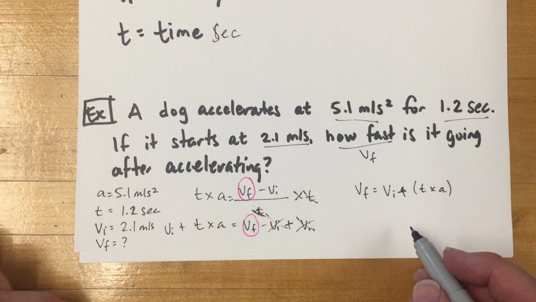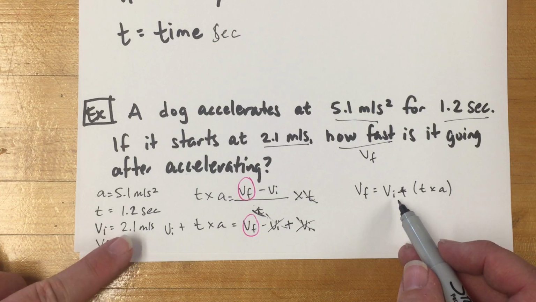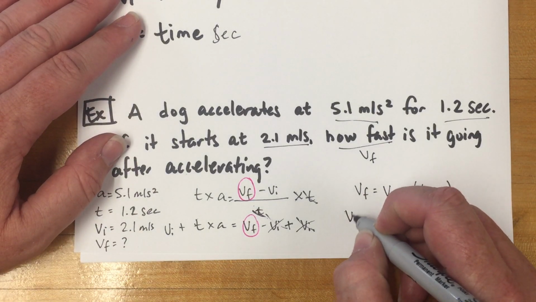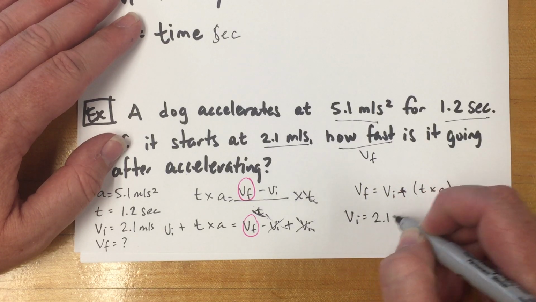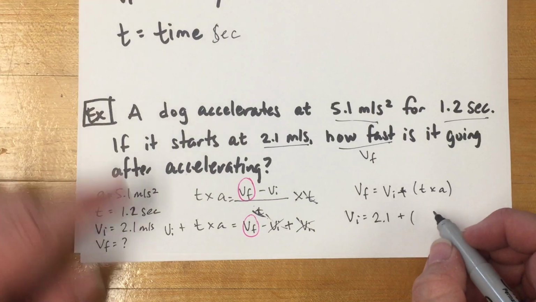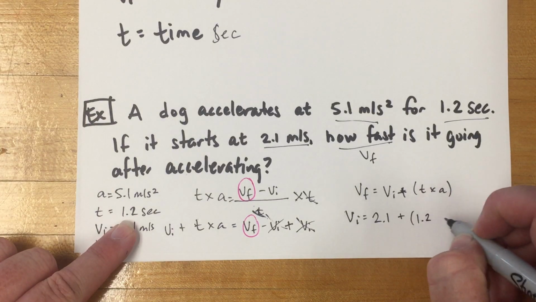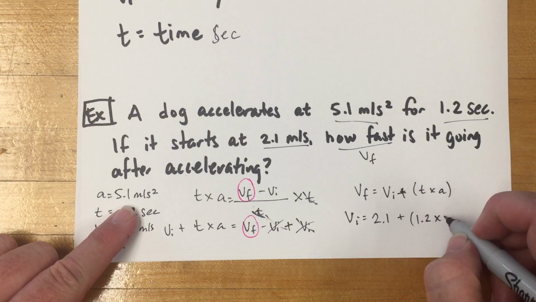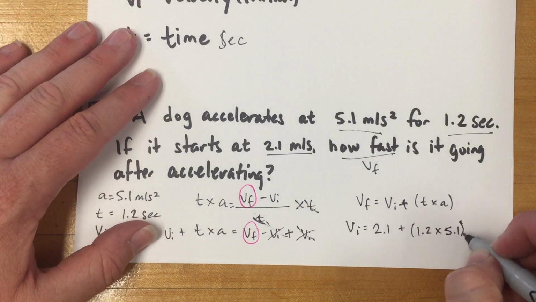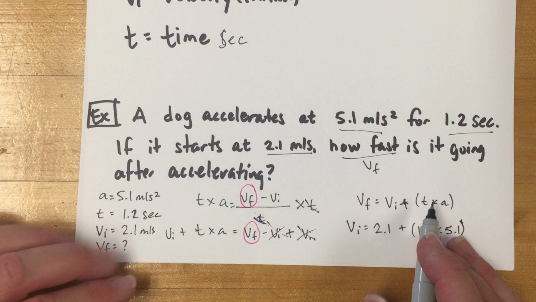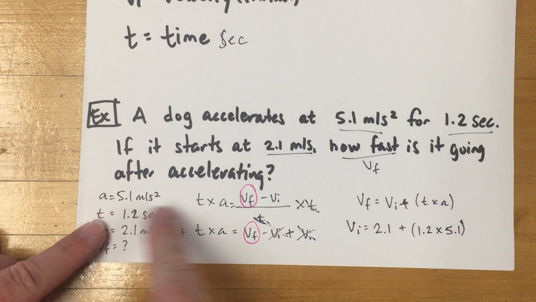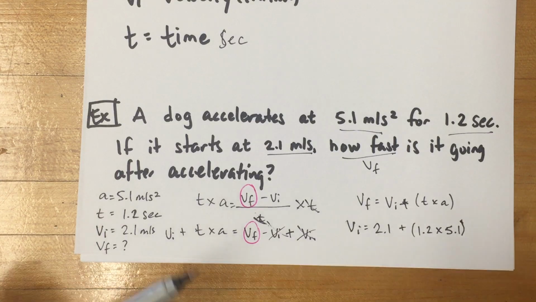Now I have my numbers. My VI is here at 2.1 meters per second. So I can say VF equals 2.1 meters per second plus, I'll take my T of 1.2 times my A of 5.1. If you're not sure what numbers go where, pay attention to what your variables are, and you can match them up within the equation.